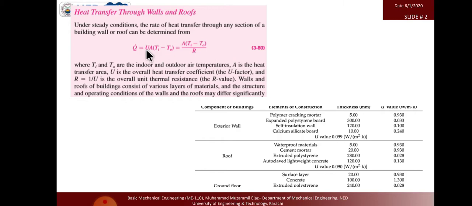You can also write the value of U, A, temperature difference. The inside temperature is 22, outside is -2, and we take the overall heat transfer coefficient multiplied by area. We can calculate the heat transfer rate of the walls, and we can also calculate using the overall thermal resistance, so we can take this formula as well.